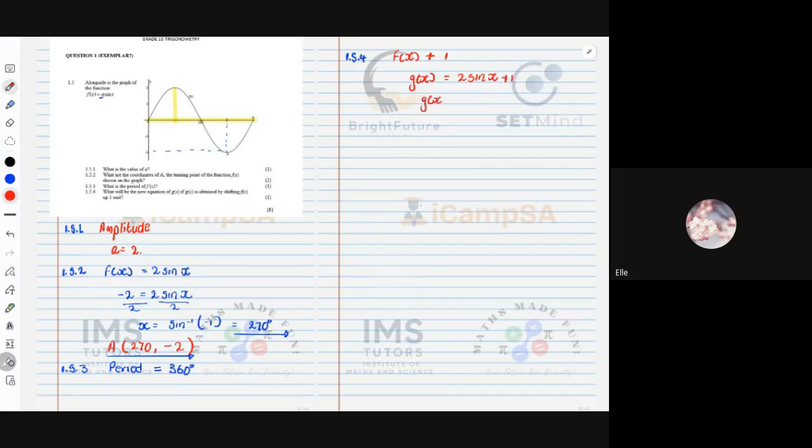So g of x is equal to 2 sine x plus 1. This is the equation if we are shifting the function of f at x up by 1 unit.